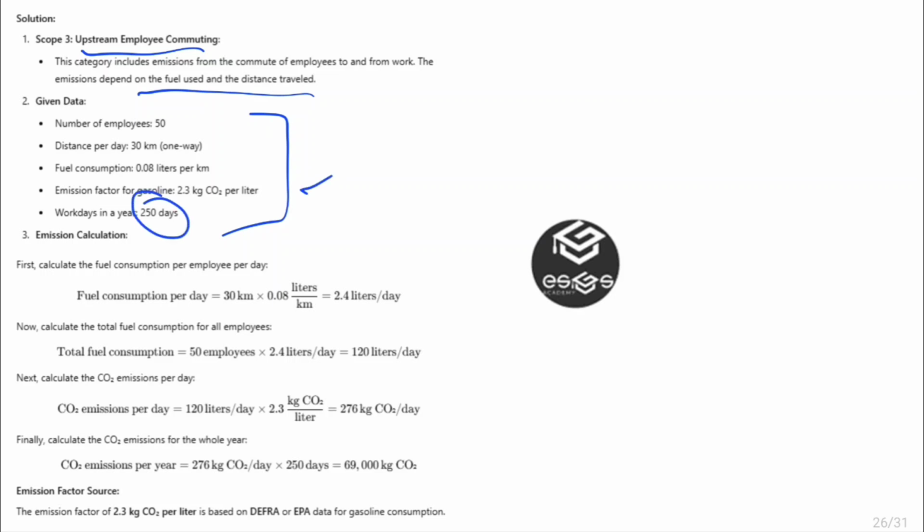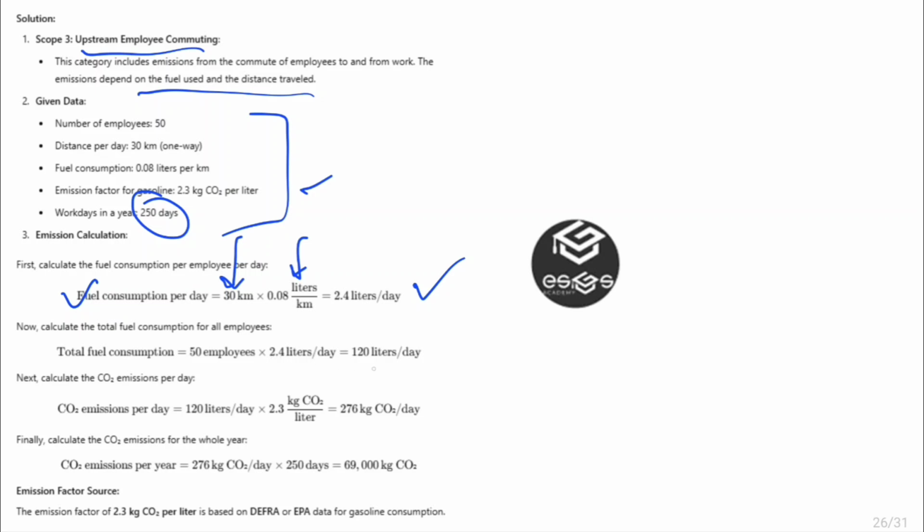Total work days are also assumed. First we find out fuel consumption per day. So 30 kilometers, that is one way, multiplied by fuel consumption, that is 2.4 liters per day being used.